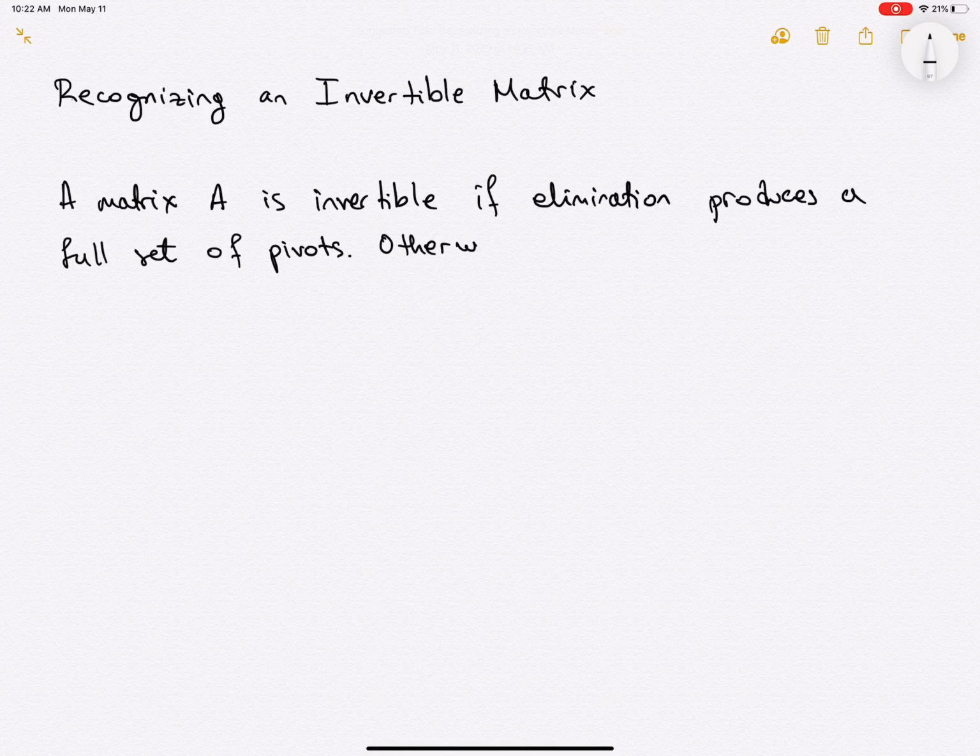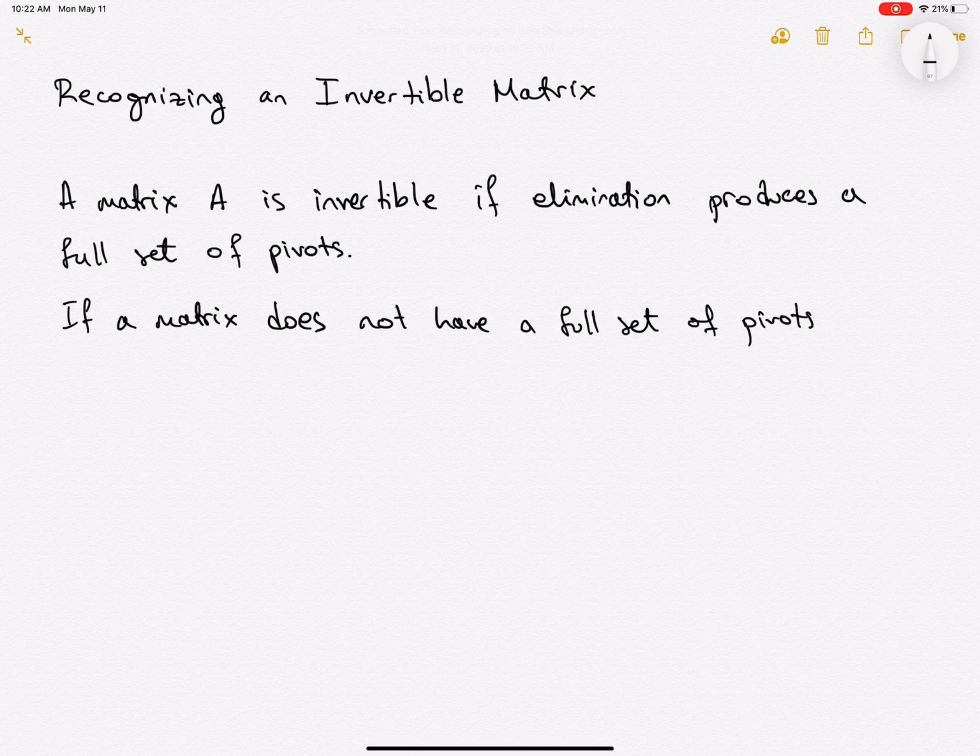So maybe I should say, if a matrix does not have a full set of pivots, then elimination will produce a row of zeros.